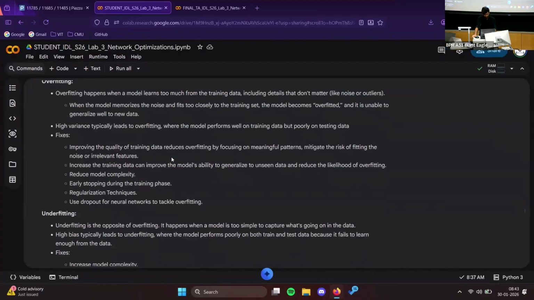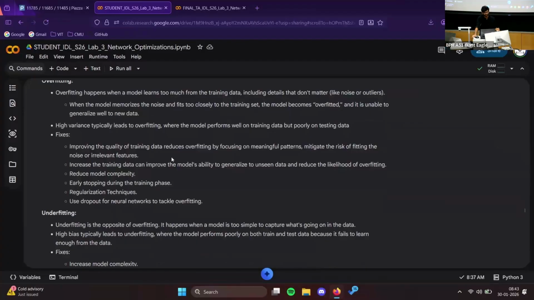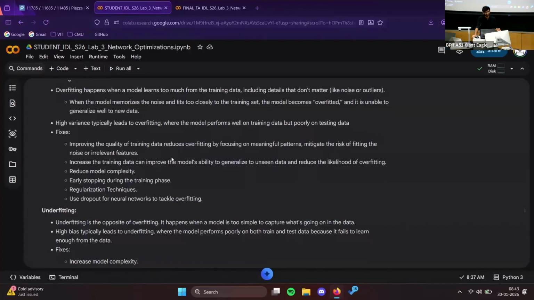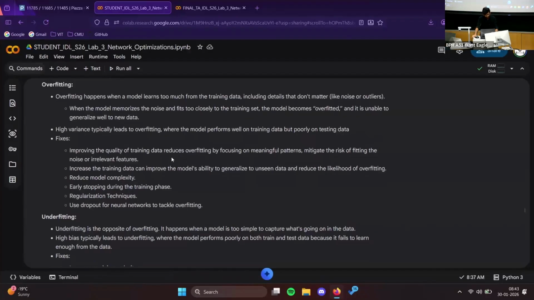So when you use the trained model which has overfit and test it on the test data, you will see a very large difference in the numbers. The training accuracy will be very high, whereas the test accuracy will be very low. If you see that scenario, it mostly means overfitting. And there are many techniques to prevent overfitting. We'll cover some of these techniques in this lab, such as regularization, early stopping, and using dropout.